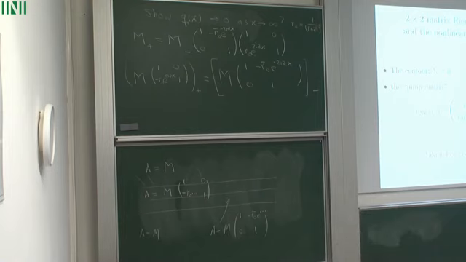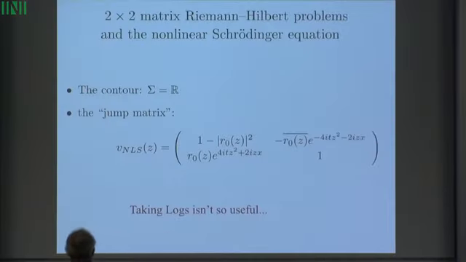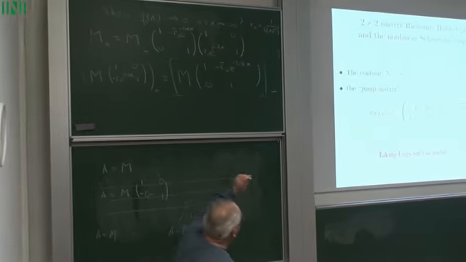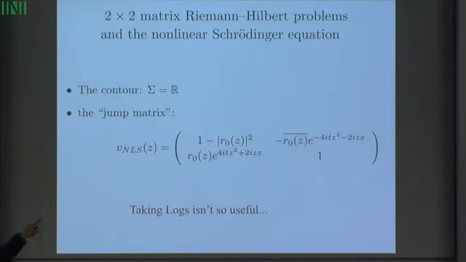Yes, how do you understand this, again, R0? In your slide, the conjugation goes up to z. If you put a bar on your nice function R0, then it's not analytic. Right, so this is a formula that's true for z real.